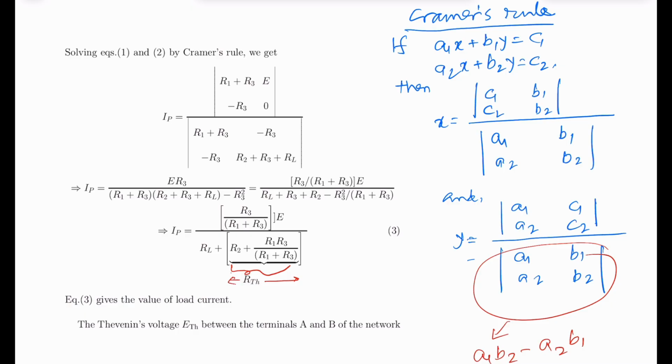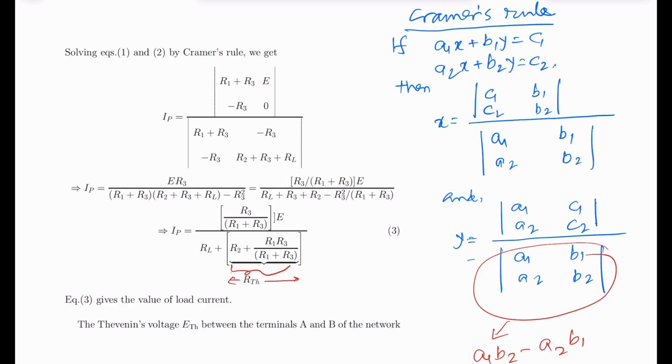In the denominator, we have A1, B1, A2, B2. So write the values of A1 and B1 from equation 1 and A2 and B2 from equation 2. Now solve this determinant.